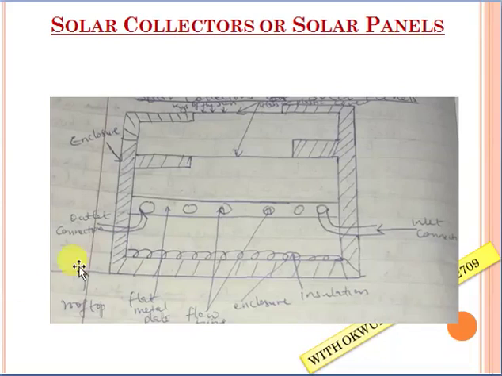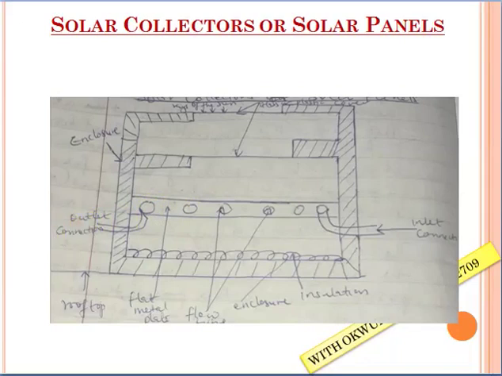Now the next one is the tubes or channels or passages that are attached to the absorber plate. Look at the diagram. These are the tubes or the channels, labeled flow tubes. The water comes in from the inlet here, and when it has been heated, it goes out from here as hot water.